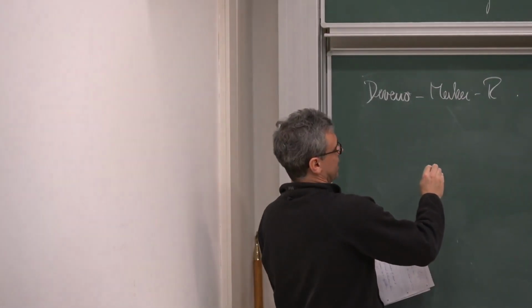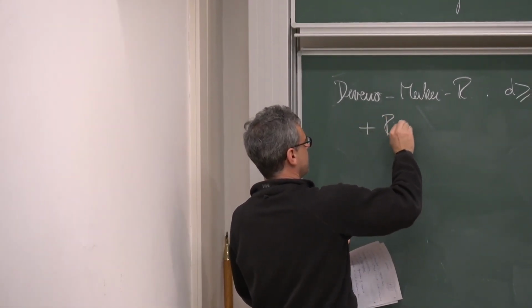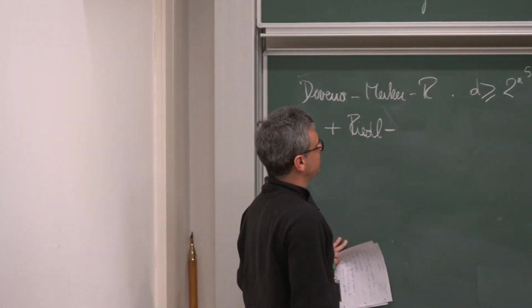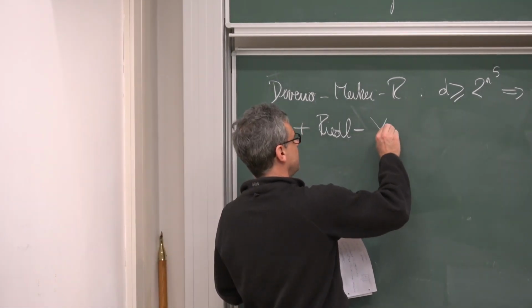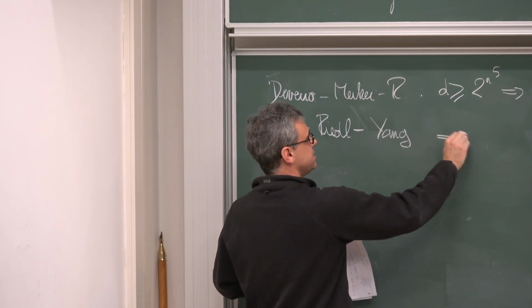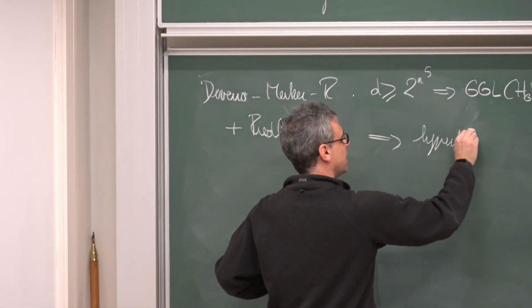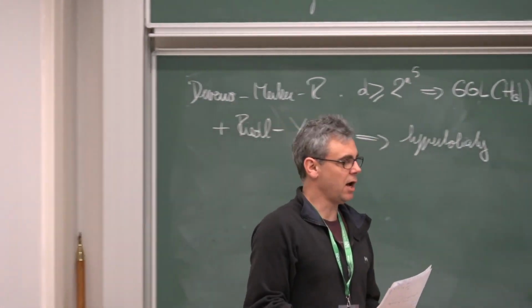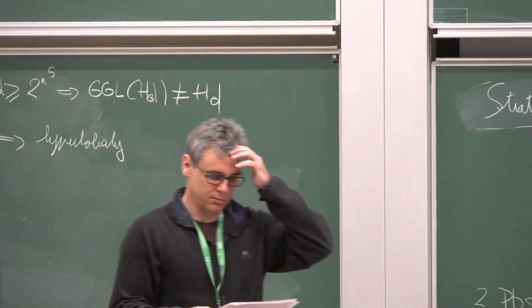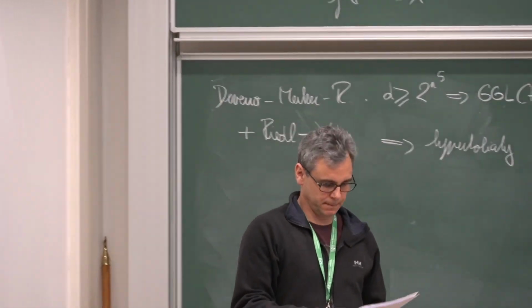And then after came the work of Eric, Riedl, and Yang, showing that in fact, if you have Green-Griffiths, this gives you hyperbolicity. So both statements give you now one proof of the Kobayashi conjecture with this large degree.